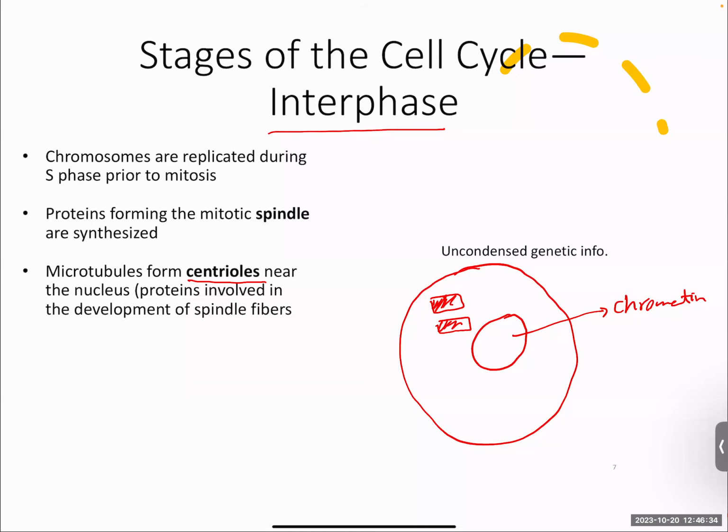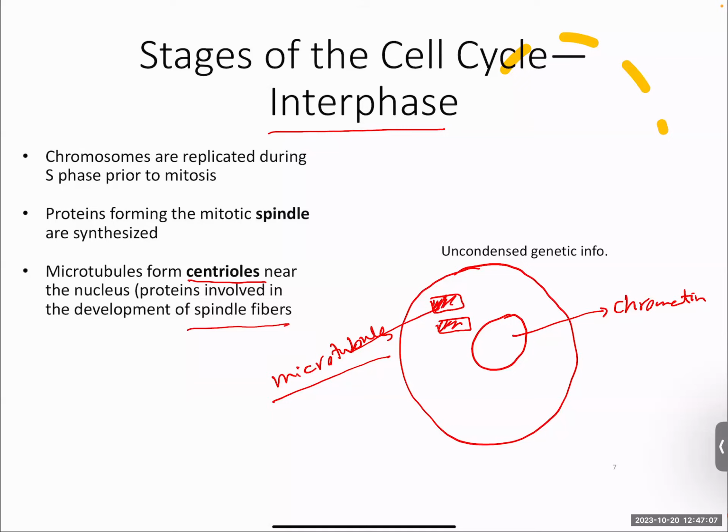Centrioles are made up of microtubules. Microtubules, if you recall, are one of the 3 cytoskeletal protein structures we have inside the cell, and this is the largest of the 3. These microtubules, these centrioles in another sense, are eventually going to utilize proteins to develop structures called spindle fibers.